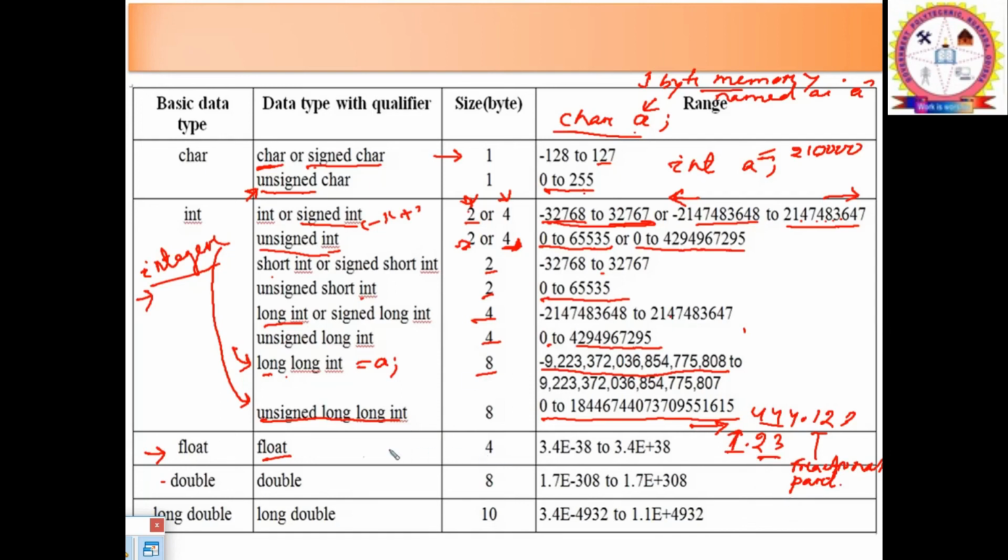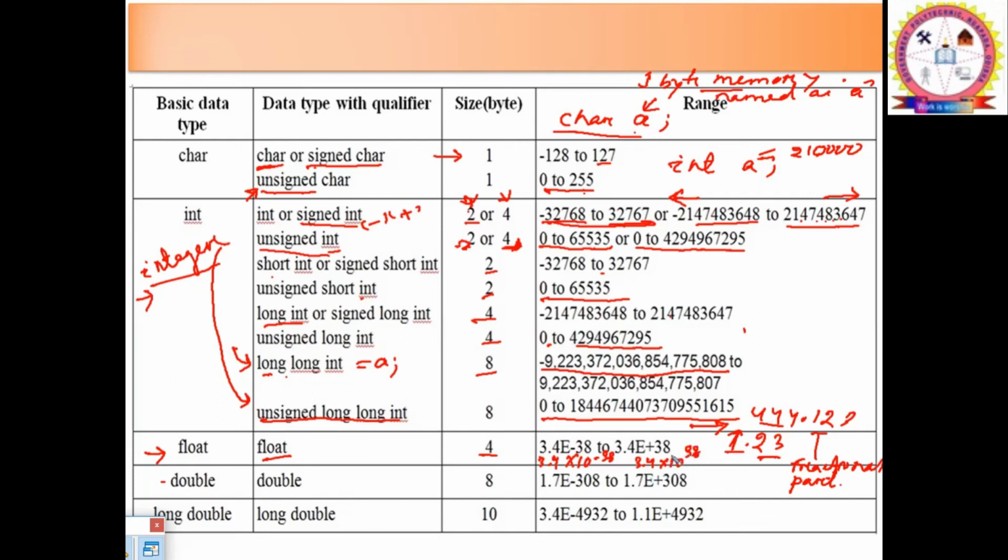When you declare a float, it will occupy 4 bytes from the memory, and the range is minus 3.4e minus 38 to 3.4e plus 38. That is, 3.4 into 10 to the power minus 38, up to 3.4 into 10 to the power plus 38.